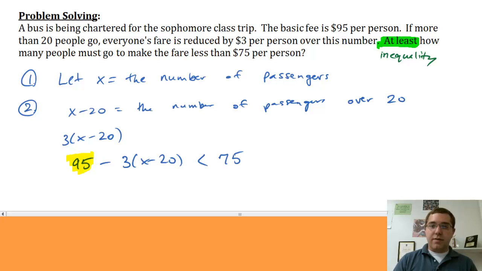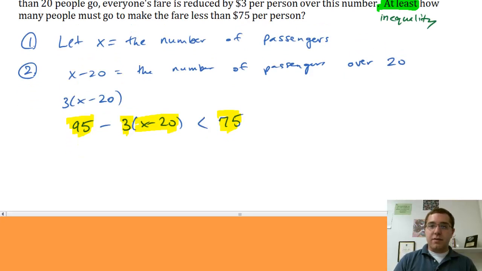So I've got 95 minus 3 times x minus 20. X minus 20 is the number of people over 20. Multiply that by 3, that's how much I get to take off. And I subtract that from 95, what I'm starting with. I want that to be less than 75. So now I have an inequality.